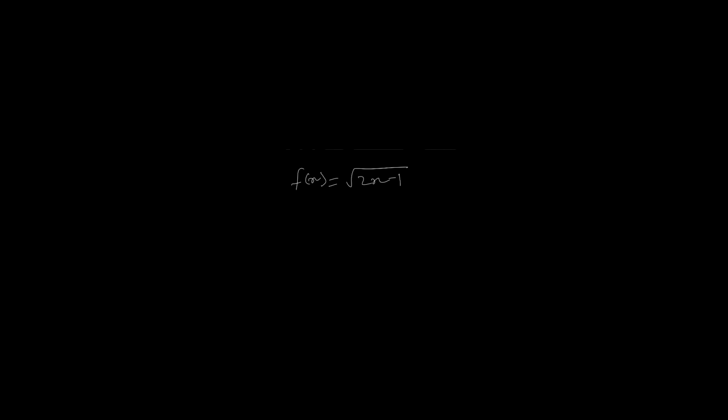For that to be true, it means that 2x minus 1 will have to be less than 0 for you to get a negative number. 2x minus 1 will have to be less than 0.